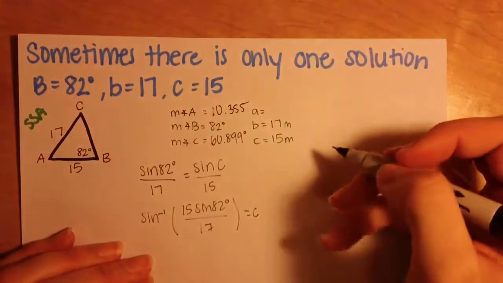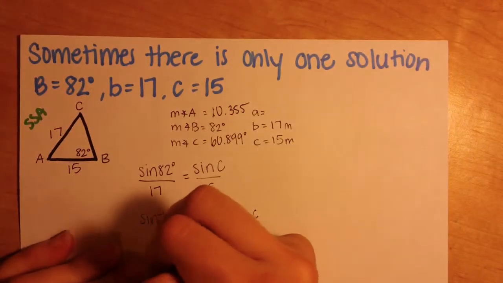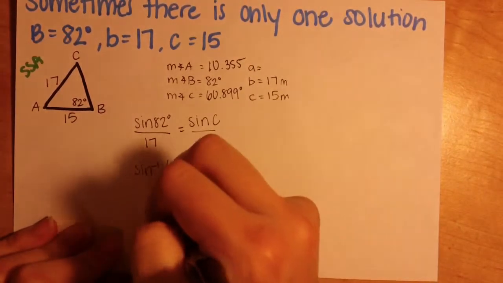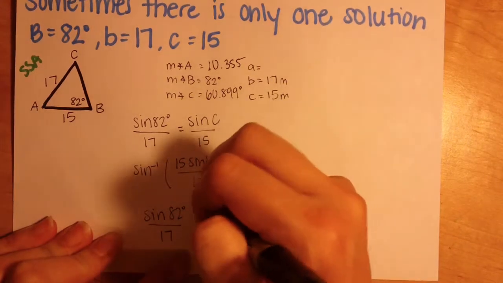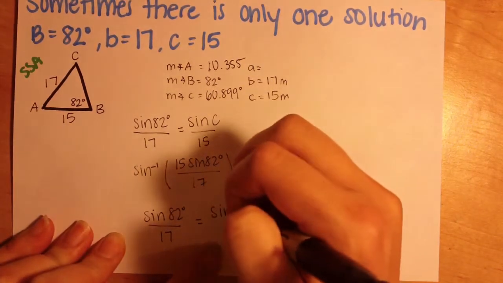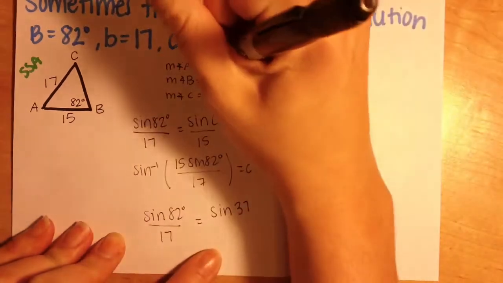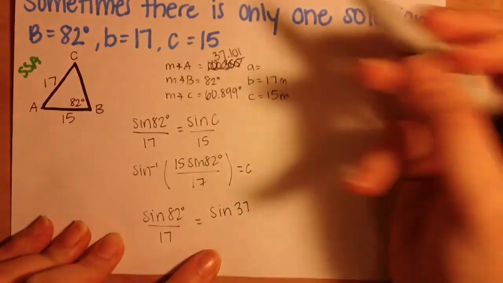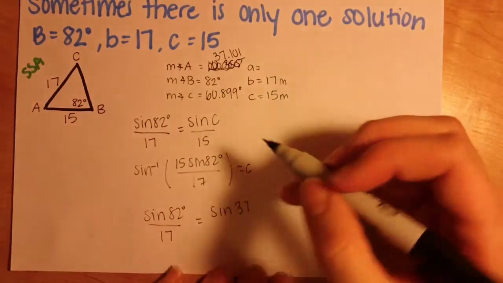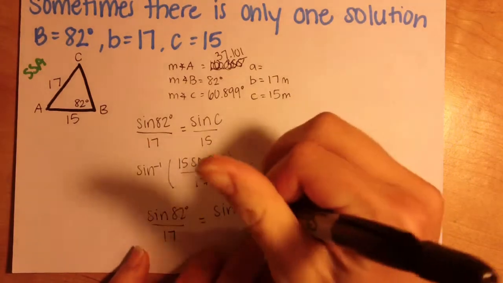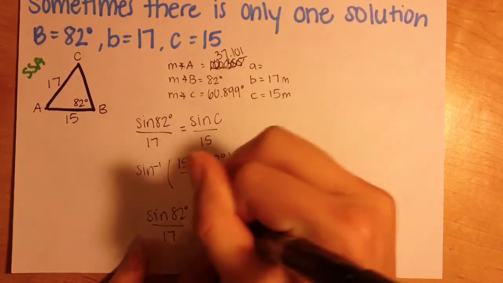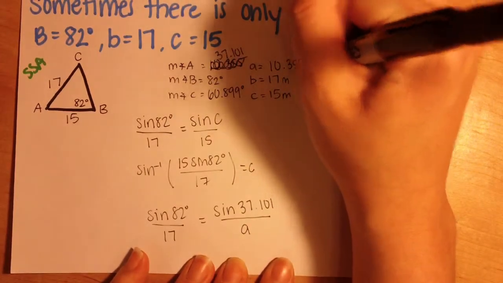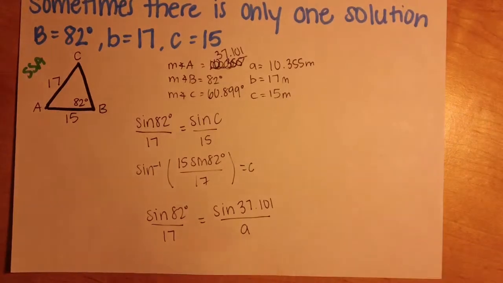To solve for side A, we can do the sine of 82 degrees all over 17 equals sine of 37.101, doing our 180 minus 82 minus 60.899, sine of 37.101 all over A, and we'll get that our A is 10.355 meters. Okay, so that's how we solve for this triangle.